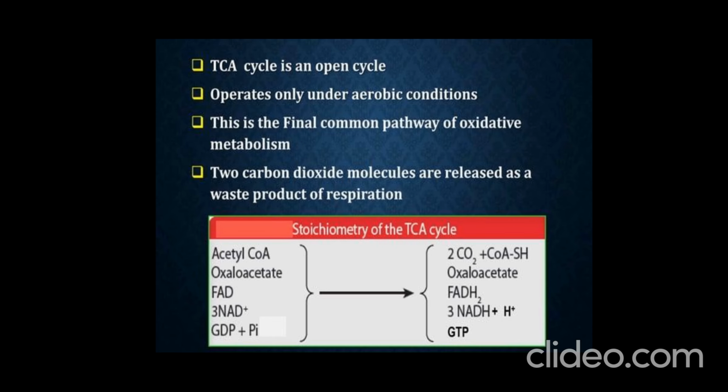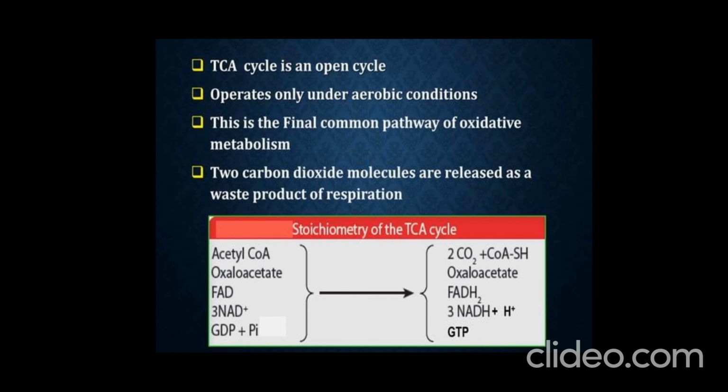In this cycle I have first discussed that there will be an evolution of two carbon dioxide molecules, and the oxaloacetate is regenerated. Then, how much pyruvate we are utilizing, that many times the cycle will repeat. So that cycle will be continued.